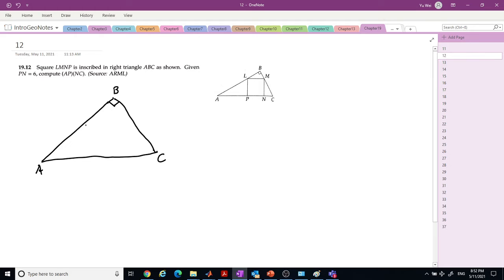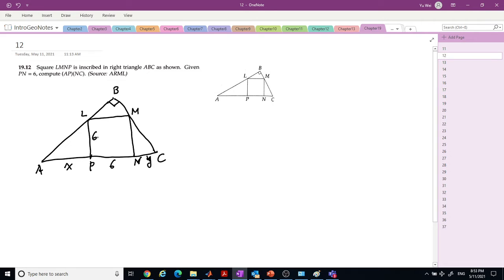I have a square LMNP inscribed here. I know PN is equal to 6, and I want to compute AP times NC. First, AP is x and NC is y.